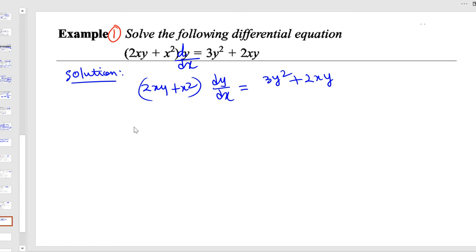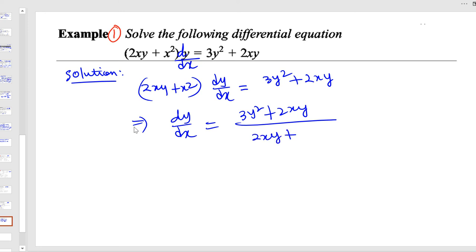So this is the given problem. From here you separate dy dx, write it in the normal form: left hand side dy dx, right hand side a function, so 3y square plus 2xy over 2xy plus x square. Then put y equals vx.